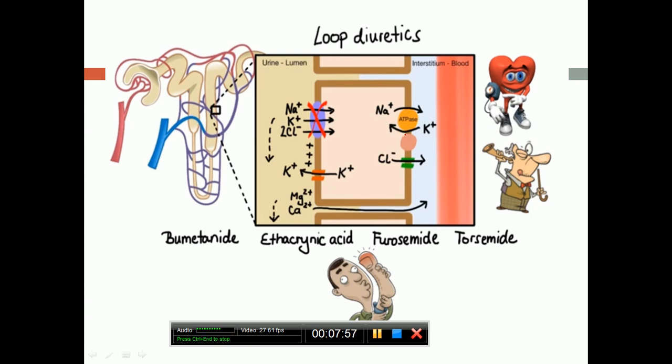This is an antiporter. What actually happens here? Potassium, we will start from here. The drugs included in this segment are bumetanide, ethacrynic acid, furosemide and torsemide. The most important drug amongst all these is furosemide.